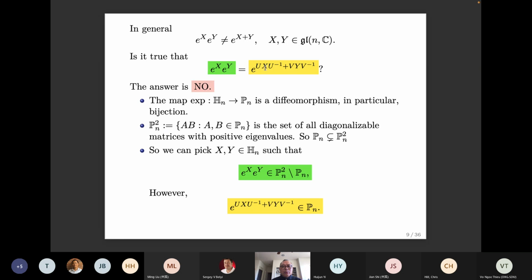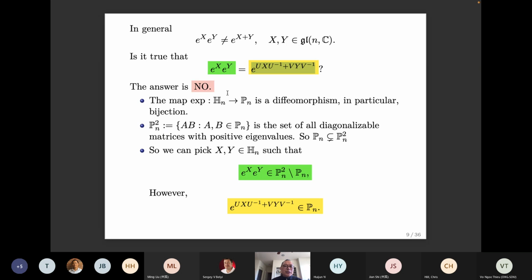And then you may say, what do you mean by U, V? Let's say U and V are non-singular matrices. For example, can we find non-singular matrices U and V such that e^X e^Y would be the right-hand side, for some U and V? Well, the answer is no.